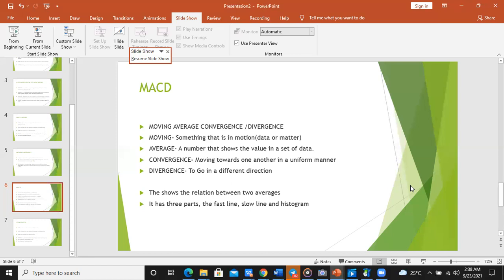All right. Now, divergence. Divergence simply means that you were going to Accra, and then when you got to, where are you even coming from?